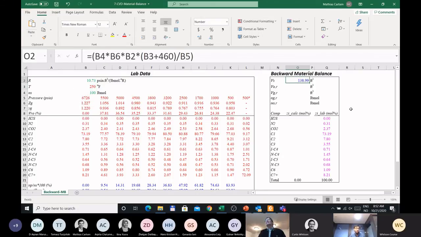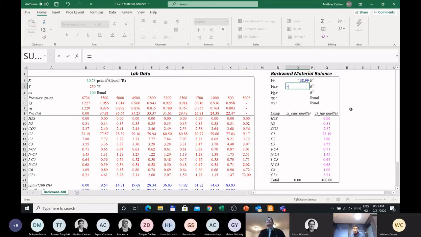Okay, so that's the volume initially, and then we need to calculate the volume of oil that is present in the PVT cell at the abandonment pressure, which is 500 psi. For that, we know that the total volume of the PVT cell should always be this number here, and then we just multiply it with the oil saturation at 500 psi.